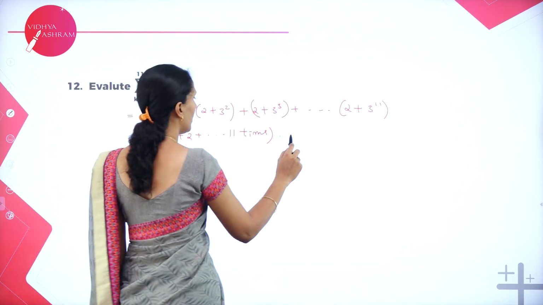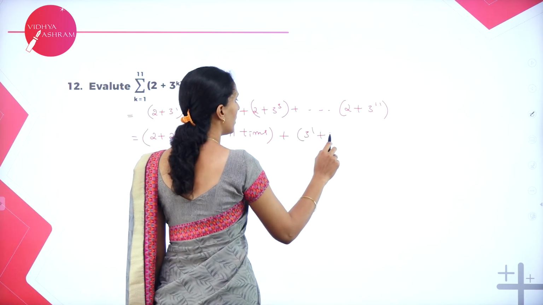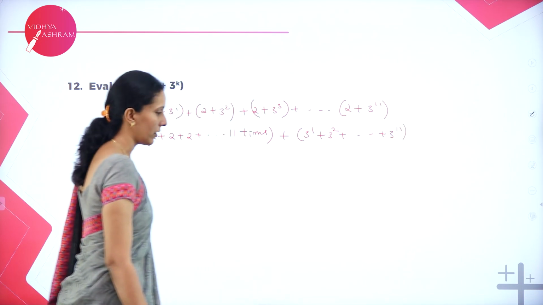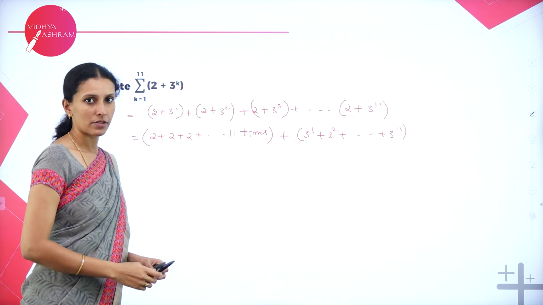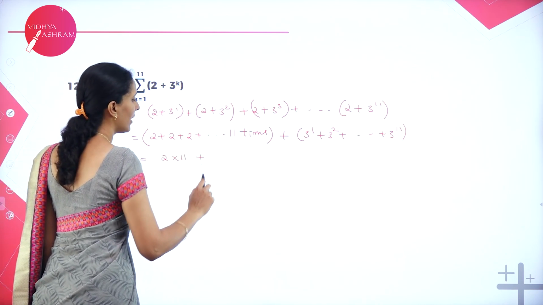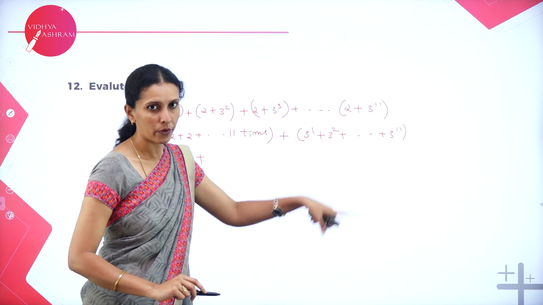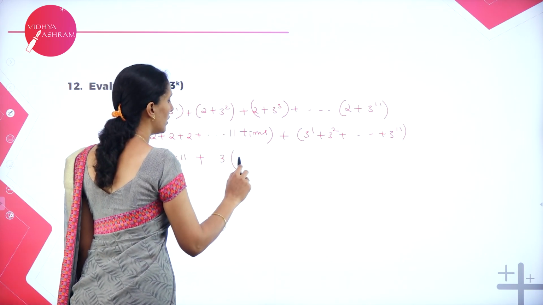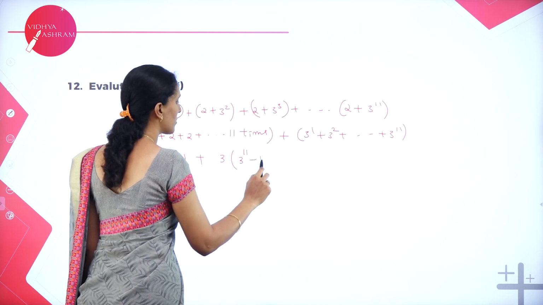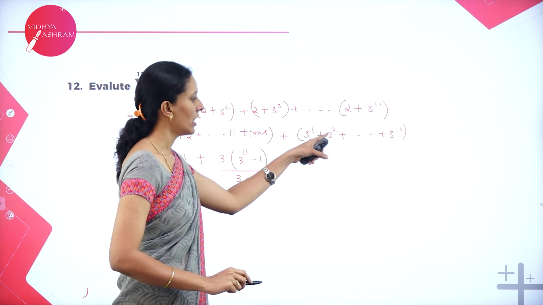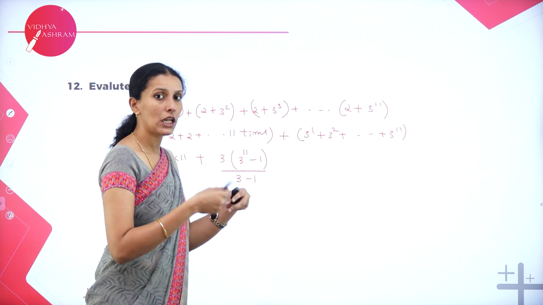So similarly we have 3 power 1, 3 square plus etc. until 3 to the power 11. So we have 2, 11 times. So I can write this as 2 into 11. And here I can use the geometric progression. So I can write this as 3 into 3 to the power 11 minus 1 divided by 3 minus 1. Because the first term is 3, the second term is 9, meaning 3 threes are 9.